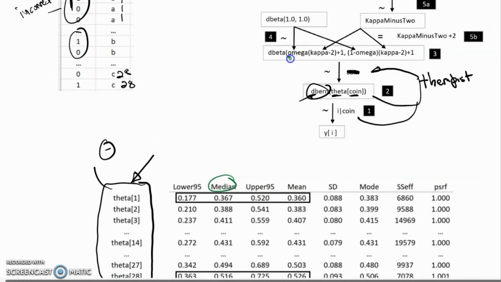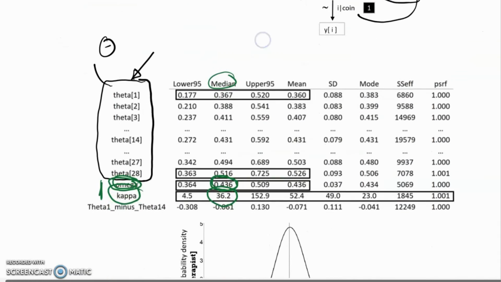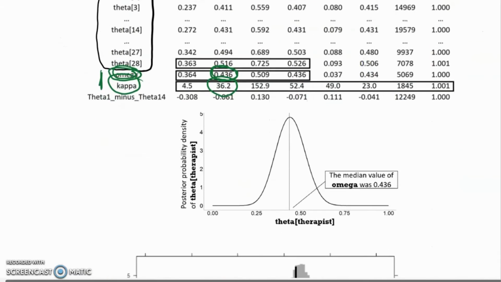Those are the values omega and kappa of our prior distribution for theta. But there's another way we can think about this.